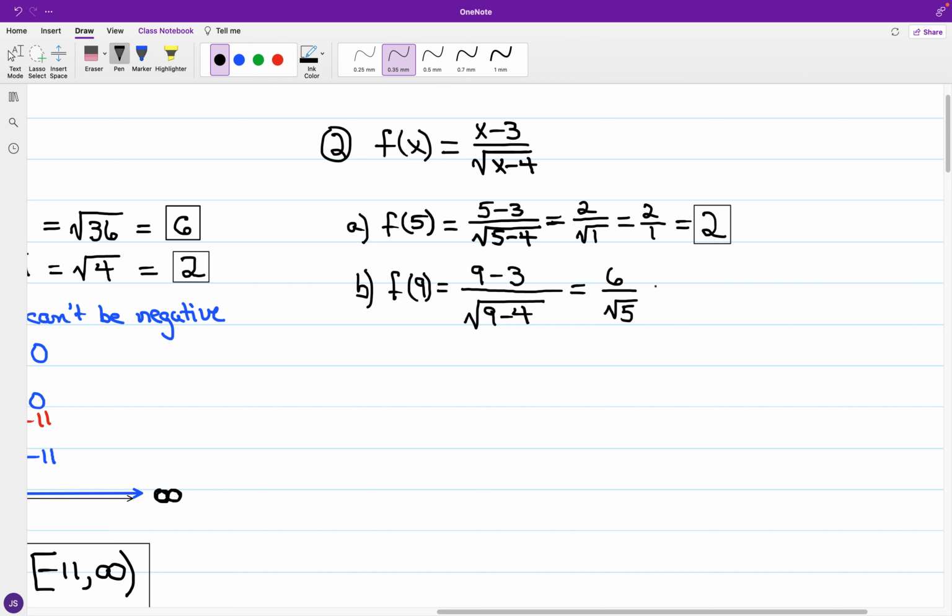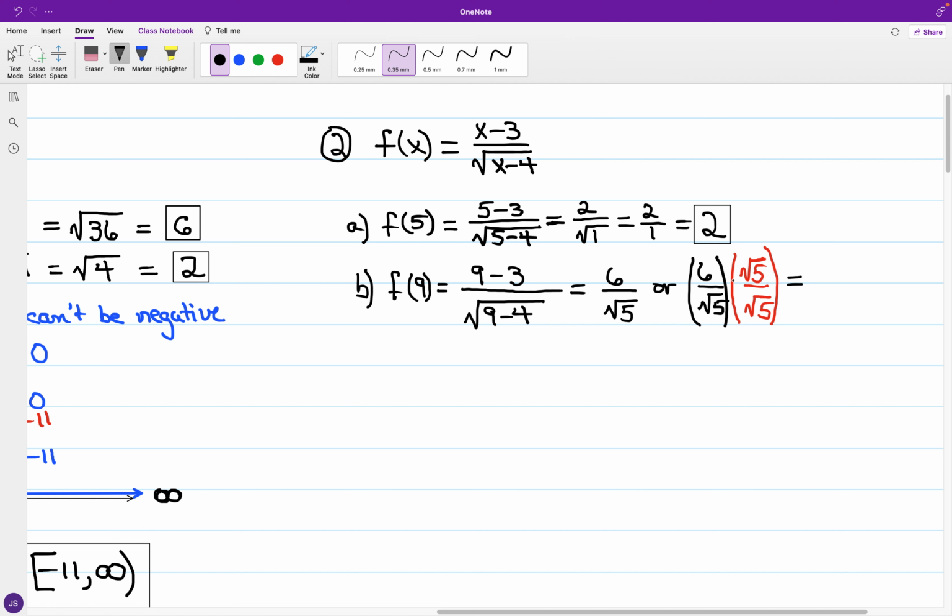Now you don't absolutely have to do this, but you can also rationalize the denominator. What I mean by this is that you can have the radical removed from the denominator. If I multiply by 1 in the form of the denominator over itself, in this case the square root of 5 over itself, you can do that even if the number were not a perfect square value.